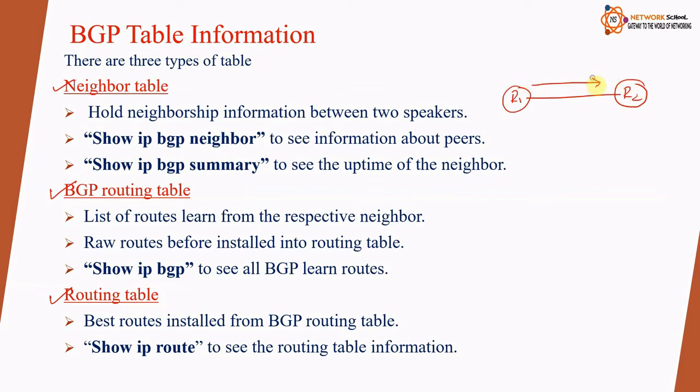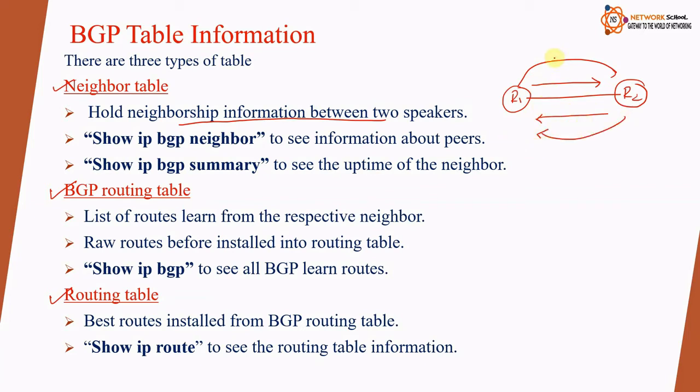For router 1, router 2 is its neighbor, and for router 2, router 1 is its neighbor. So, as I explained, the neighbor table holds the neighbor information between two speakers. For R1 it's R2, and for R2 it's R1.